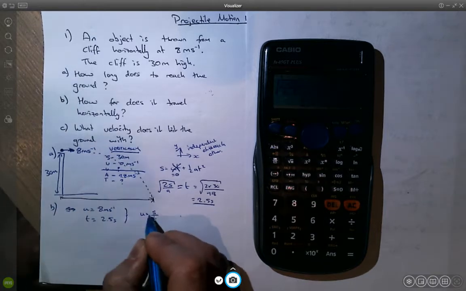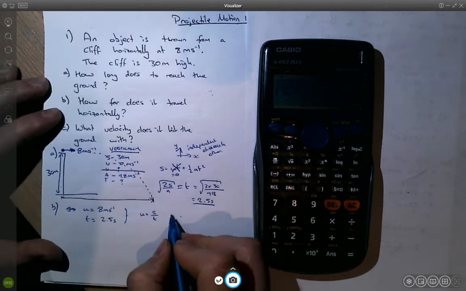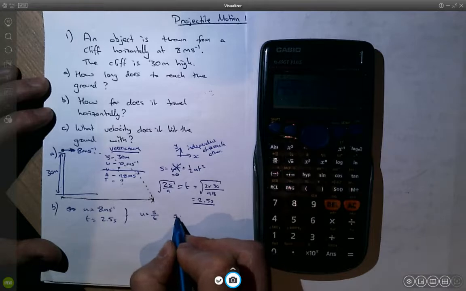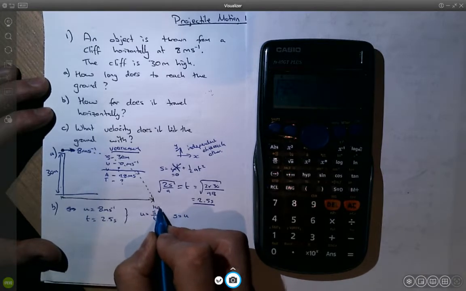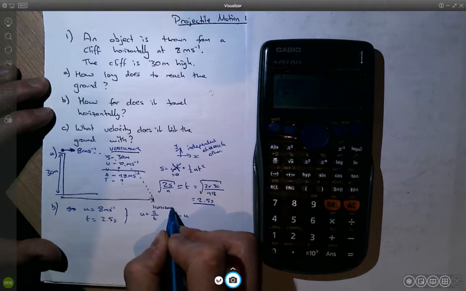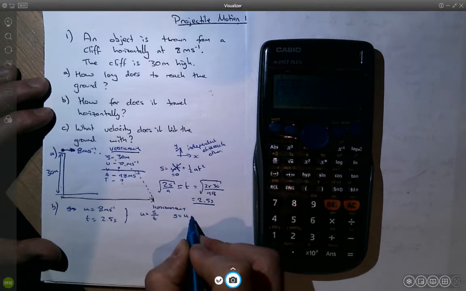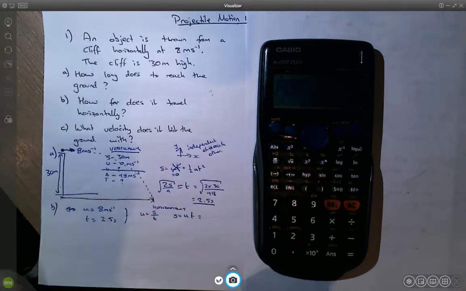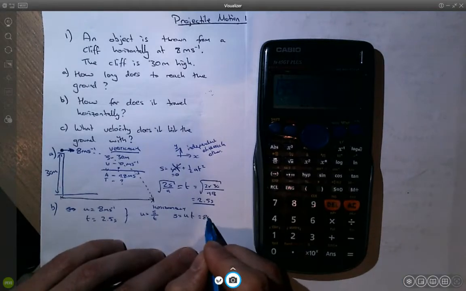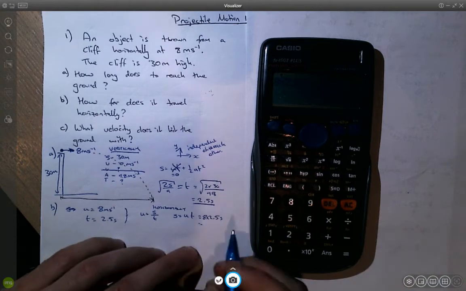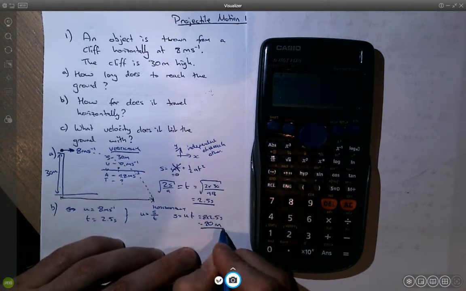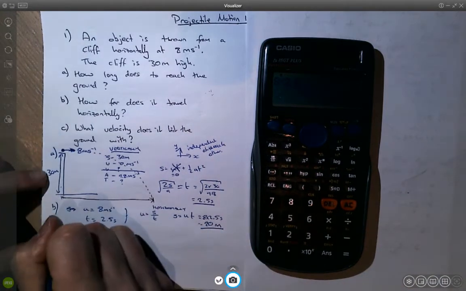So I'm using my SUVAT symbols here. And its displacement horizontally, so this is important, horizontally, is u times time, which is going to be 8 times 2.5, which is 20 meters. So this distance here is 20.